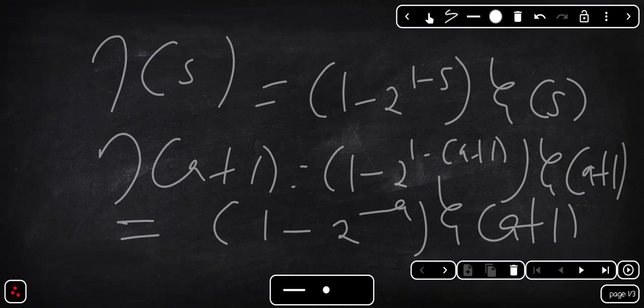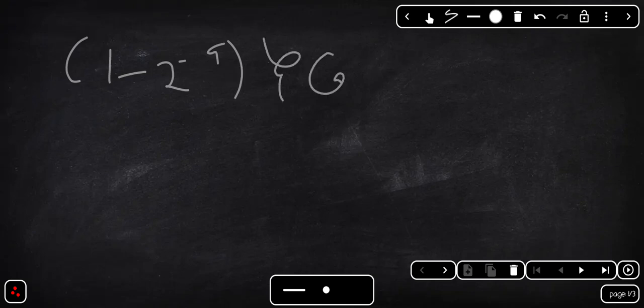Then if we add that to the second sum, we are going to have 1 minus 2 raised by minus a, multiplied by the zeta function of a plus 1, plus the zeta function of a plus 1.